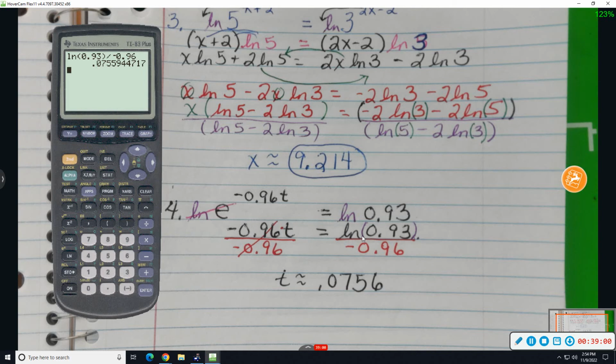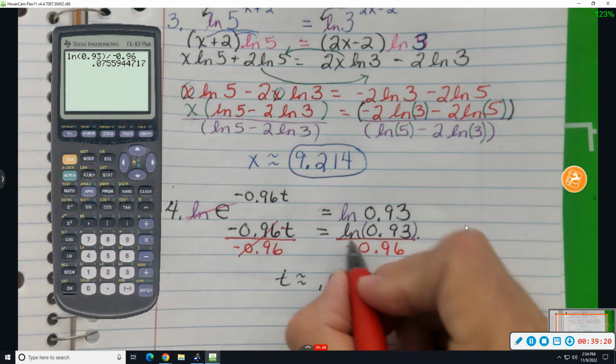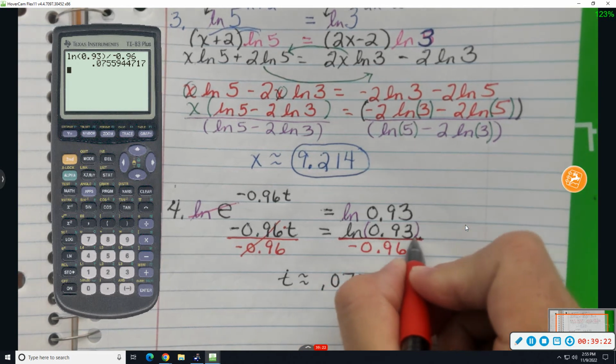The thing that's tricky about punching this into your calculator is to make sure that you have those parentheses there. And I guess I must have just touched my pen. This is not a point right here. I don't know what that is. Let me see if I can write it in such a way. There.